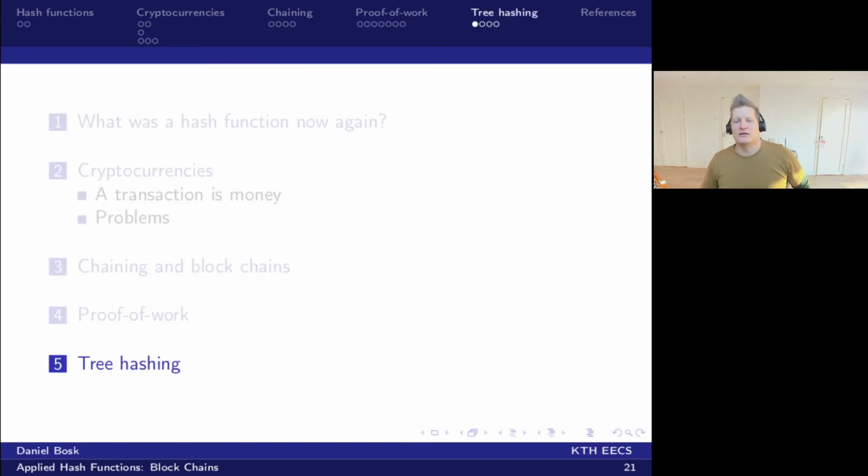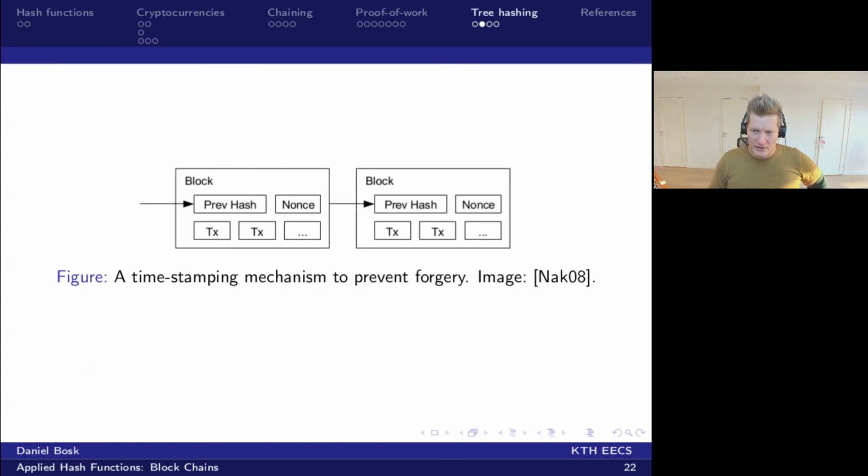Now let's go to tree hashing. Remember that we had this time-stamping mechanism, and this is to prevent forgery, which means that we need to verify whenever there is a new transaction that uses an old transaction.